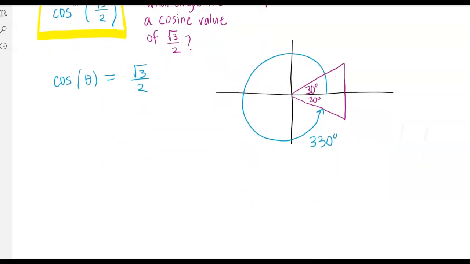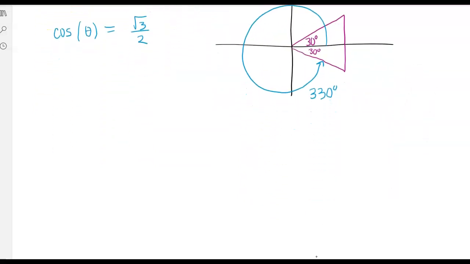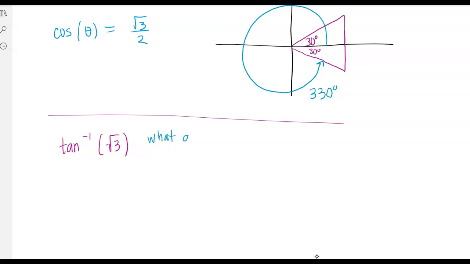Let's look at another example like that. Suppose we want to think about the tangent inverse of the square root of 3. What this is asking us is what angle, or angles in this case, have a tangent of square root 3.